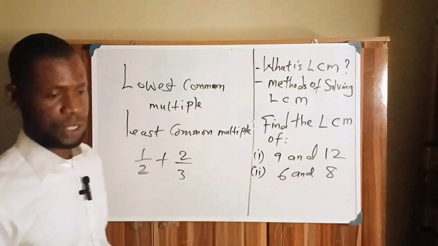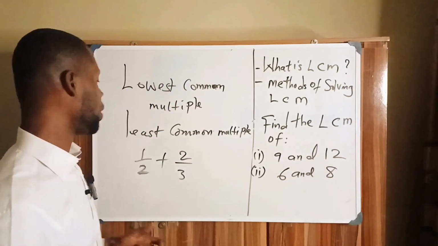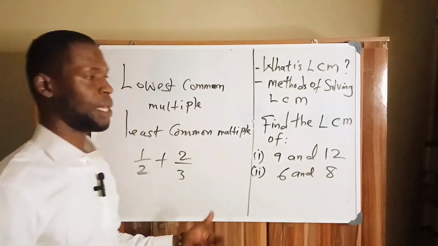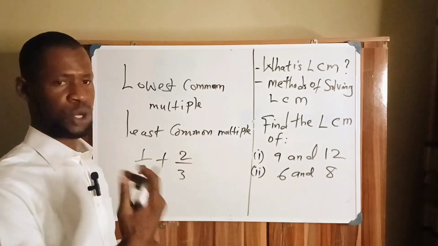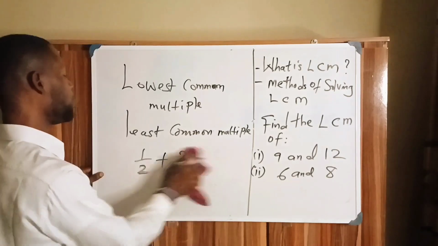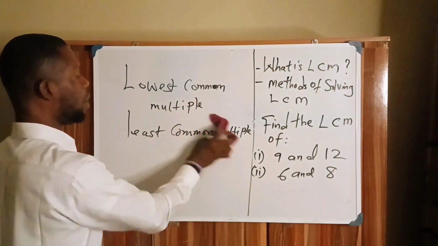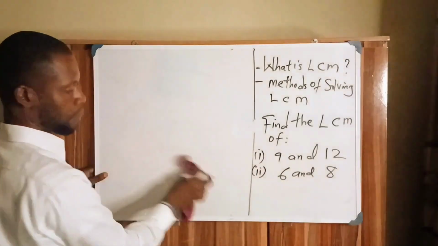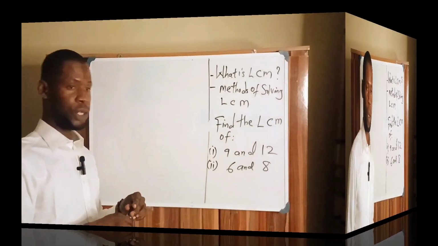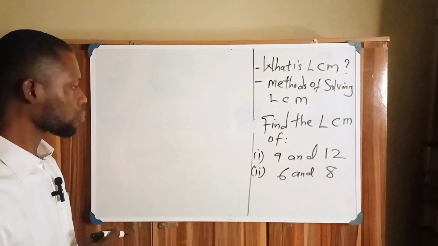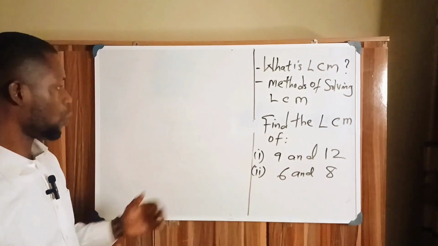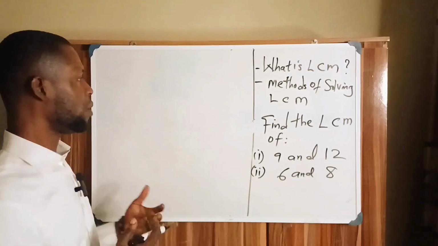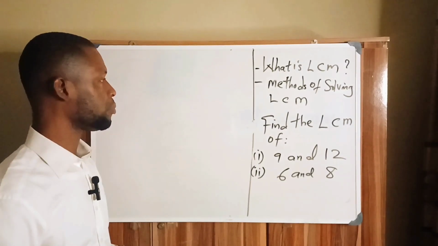So LCM is very important in order for us to solve problems that have to do with fractions, especially addition or subtraction of fractions. So we need the knowledge of LCM to solve problems easily. So, how do we solve problems that have to do with LCM?